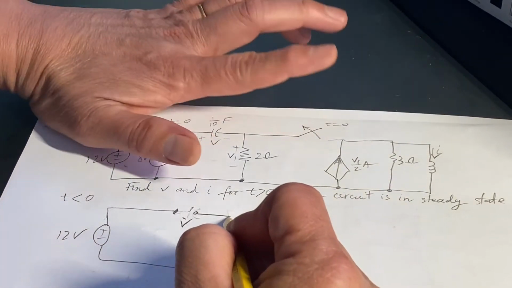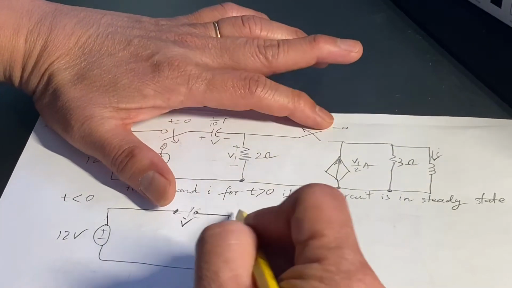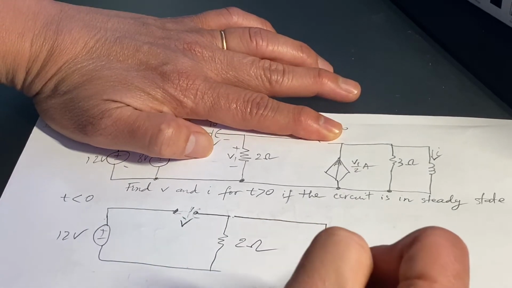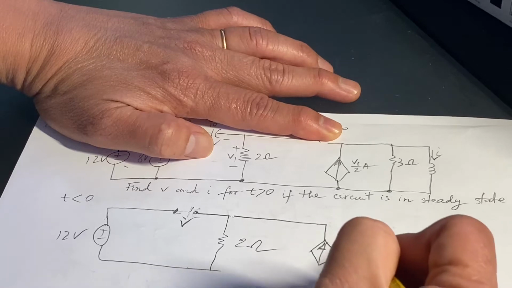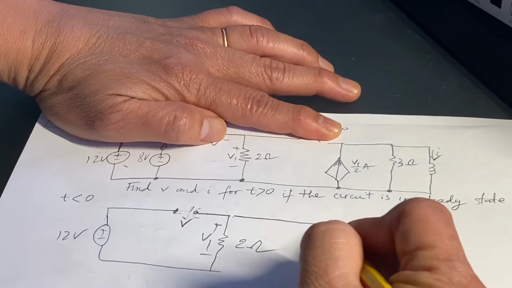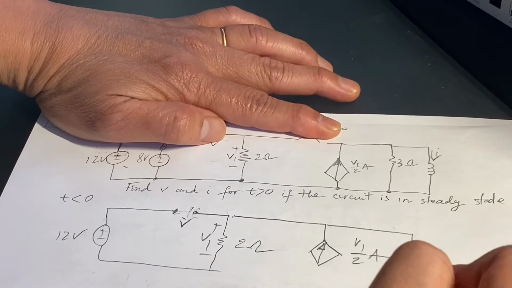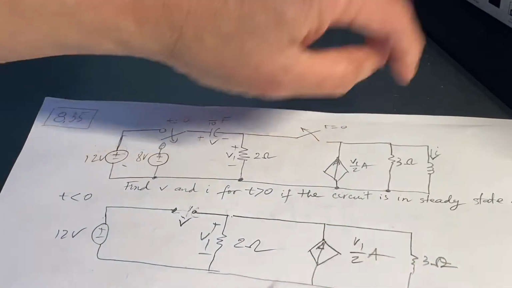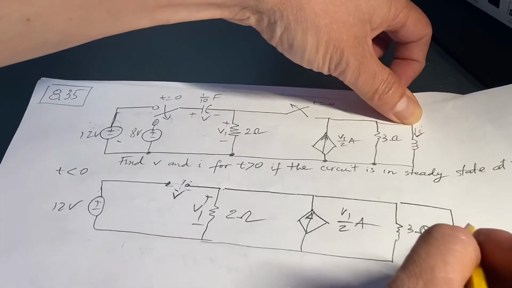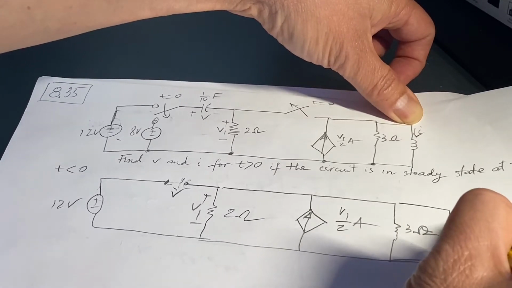And this switch also is closed at this position. And we have the dependent source right here equal V1 over 2 ampere. This is V1, and we have 3 ohm here. And the inductor right here behaves as a short circuit.